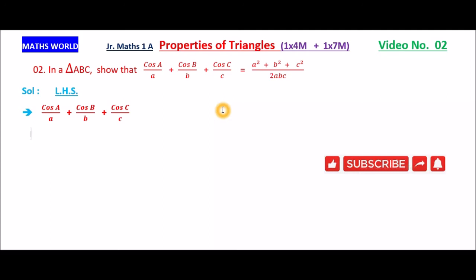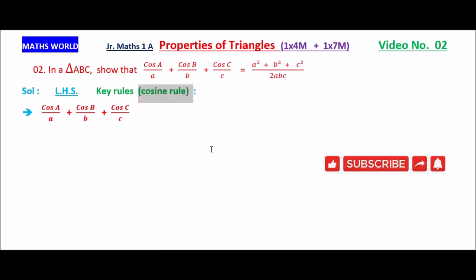How can we know whether to use the sine rule or cosine rule? See the question. The question is given in cos, so we have to use the cosine rule.